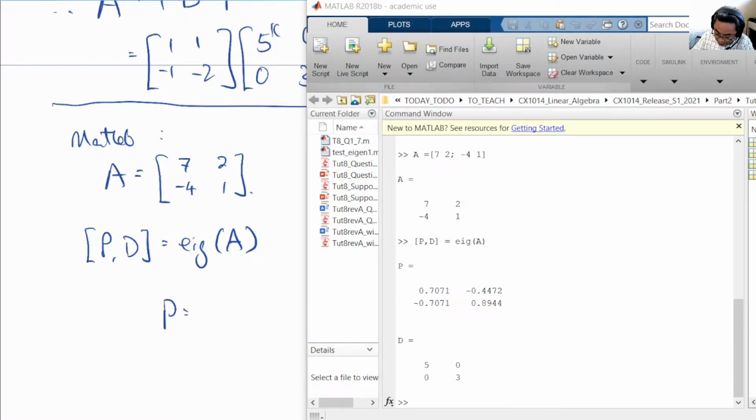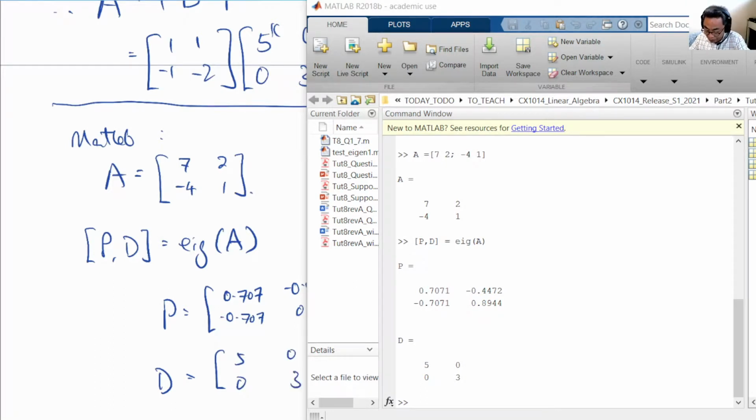So P equals [0.707, -0.4472; 0.707, 0.8944]. What about D? D is equal to [5, 0; 0, 3]. So it looks like D is what we have, but what about P?